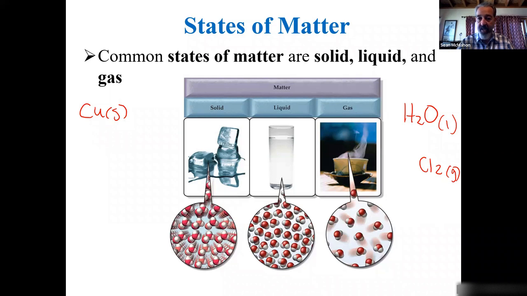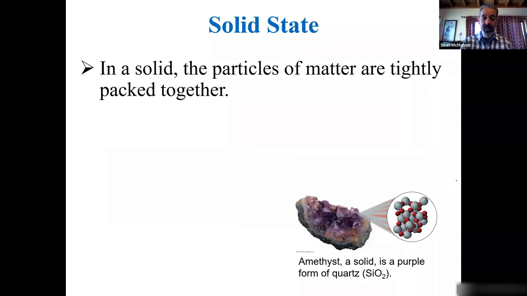So what are the states of matter? Solid, liquid, and gas. So in a solid, basically, it's based on how close the particles are aligned. When I say particles, the atoms or the molecules or the ions. So with solids, the particles are really close to one another.